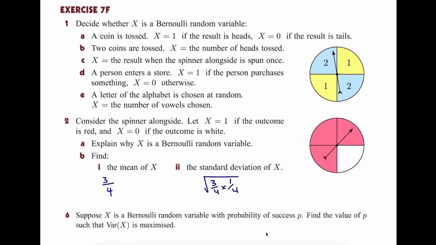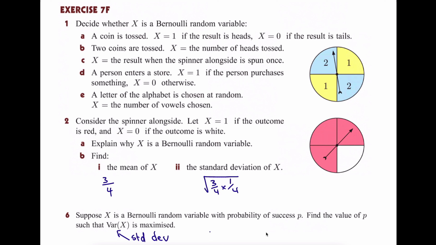It says, suppose that x is a Bernoulli random variable with a probability of success p. Find the value of p such that the variance is maximised. Let's consider that as being the standard deviation because that's what we're doing in this course, but it's going to be the same reason. What probability is going to give us the greatest value for standard deviation?